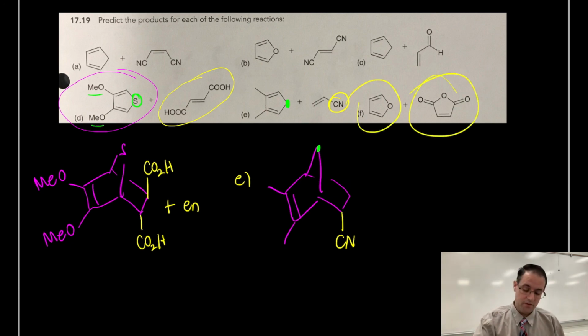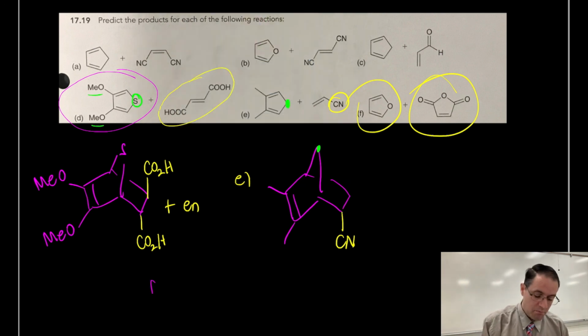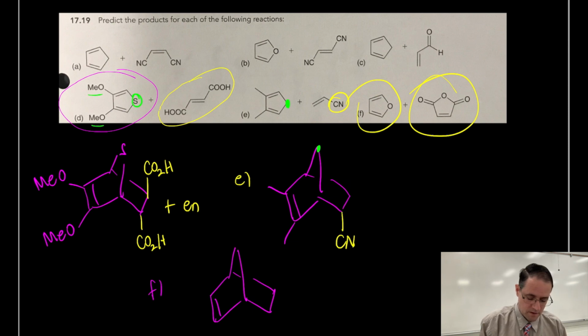In F, we have a similar situation. We have 2 rings, so I urge you to try to do models of these, but what you're going to form from this guy here is, again, build your template here, okay? Draw the alkene, and then what you're going to need to do is modify your template. So instead of a carbon, we have an oxygen, so I'll just put an oxygen there.